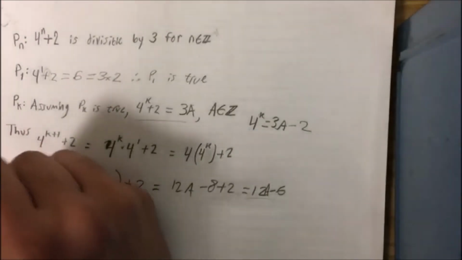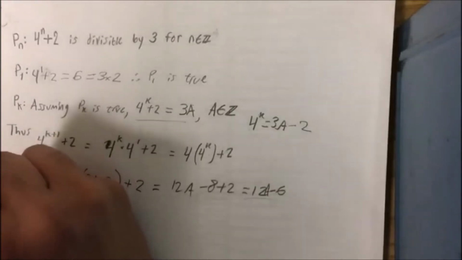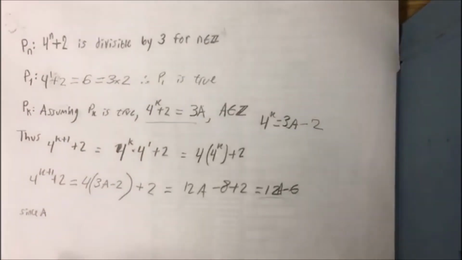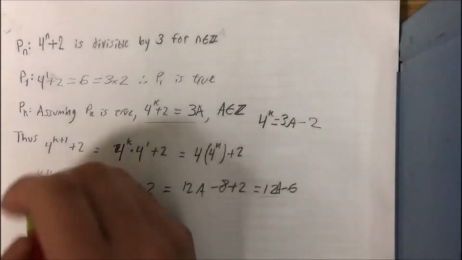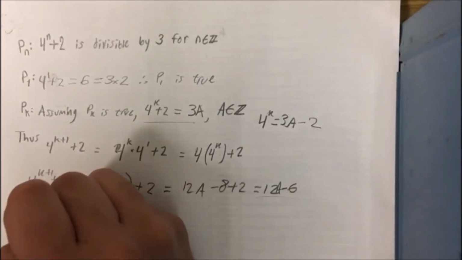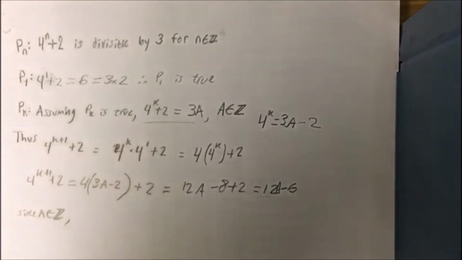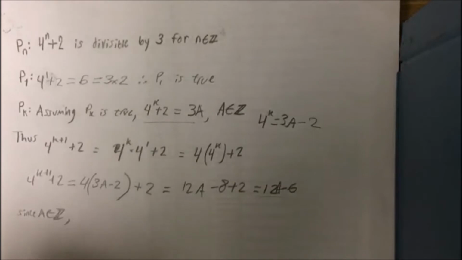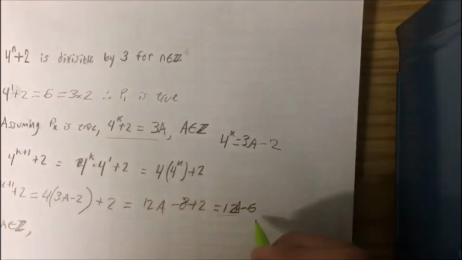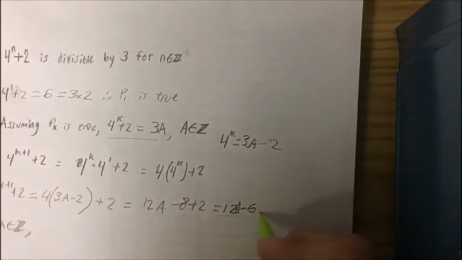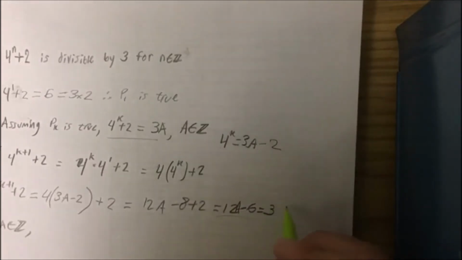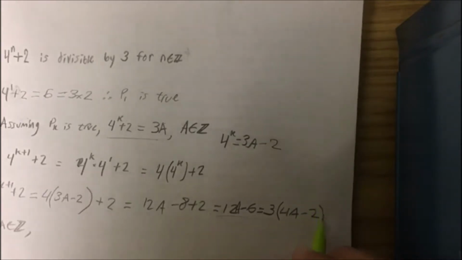And since a is an element of the integers, 12a - 6 is equal to, you can take 3 as a common factor, 3 times (4a - 2), okay?